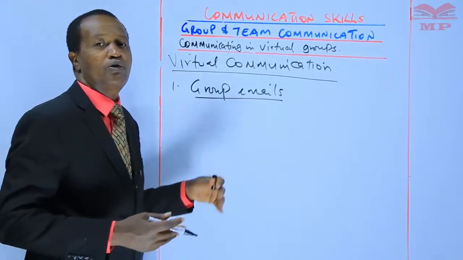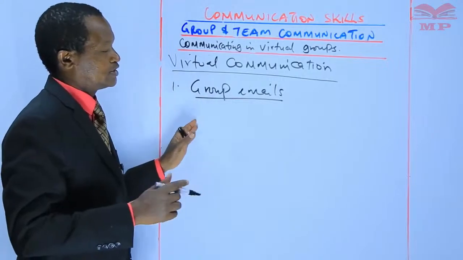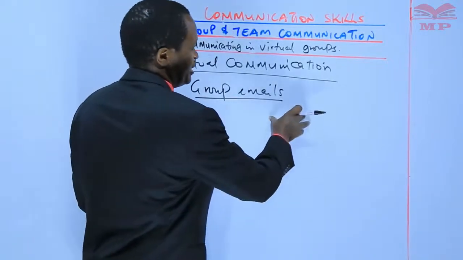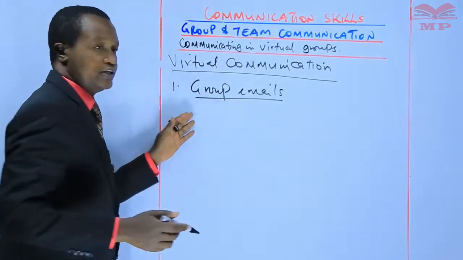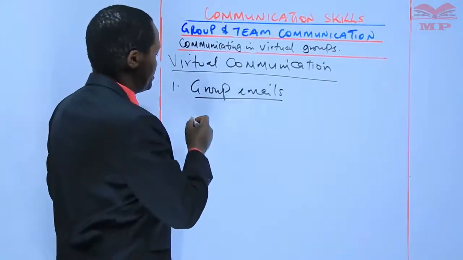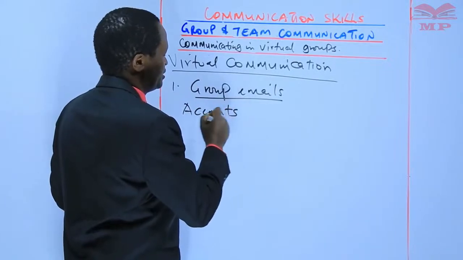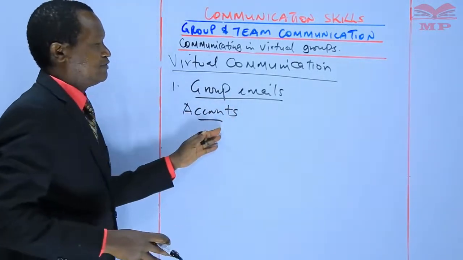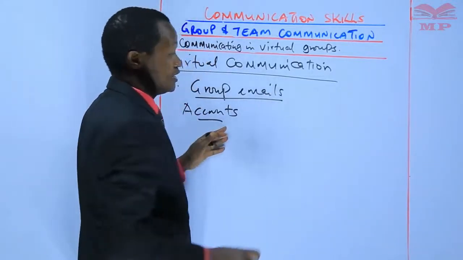I can decide to form a group email, so that I have contacts within that group. Let me say, an accounts department. The head of the accounts department can have a contact of all the members within that department.